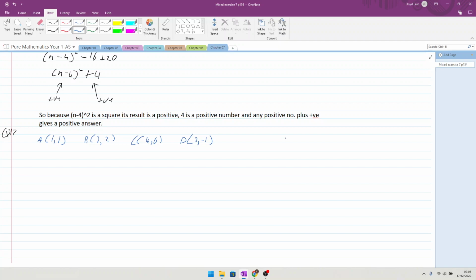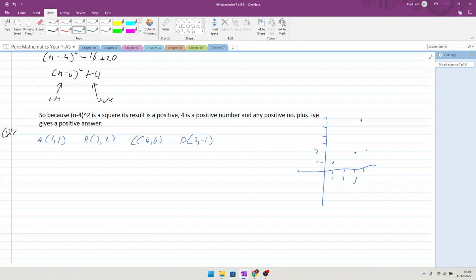It might be a case if we just look at all of the lines and decide it. Let's have a quick look at what it looks like. So 1, 1 is there. 3, 2 is there. 4, 6 is there.